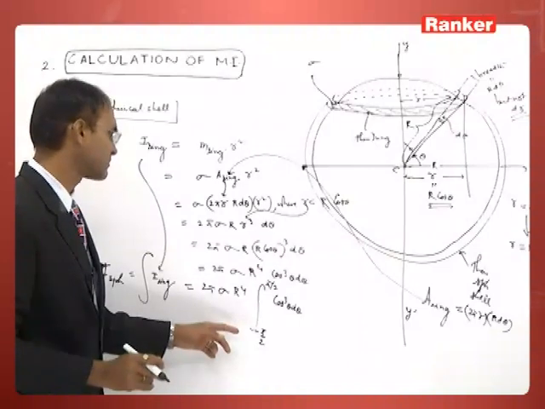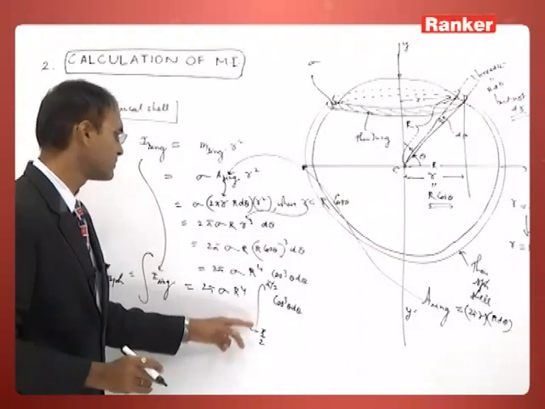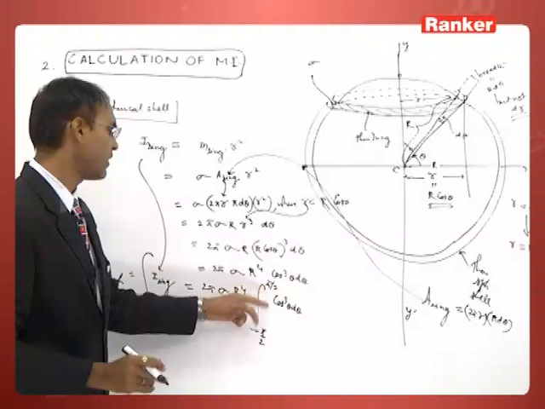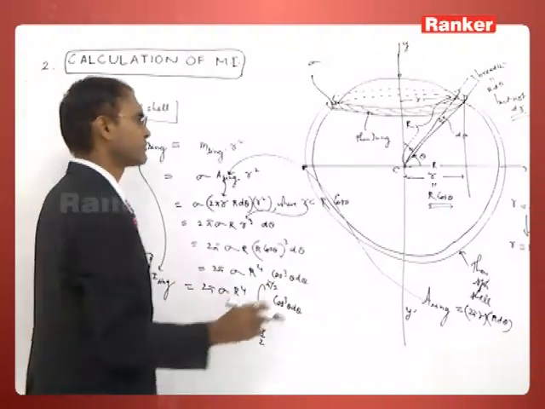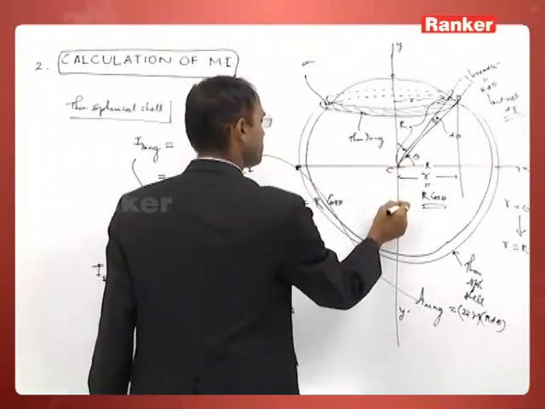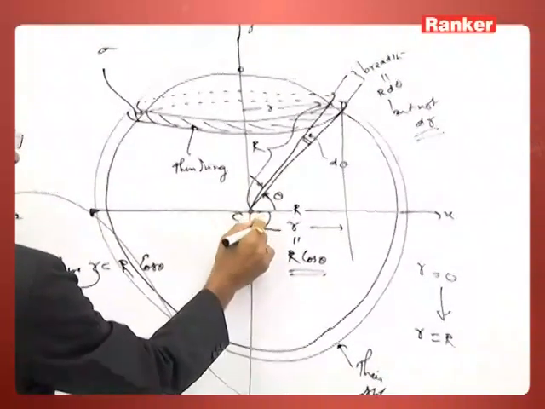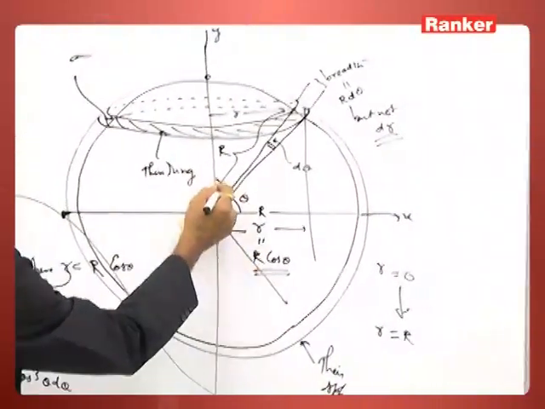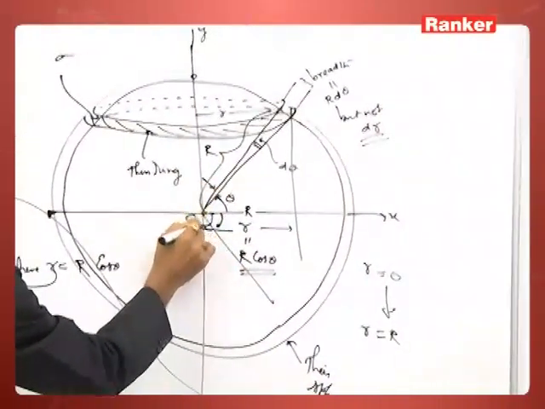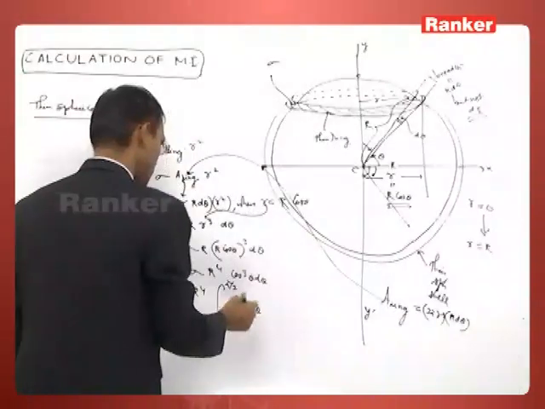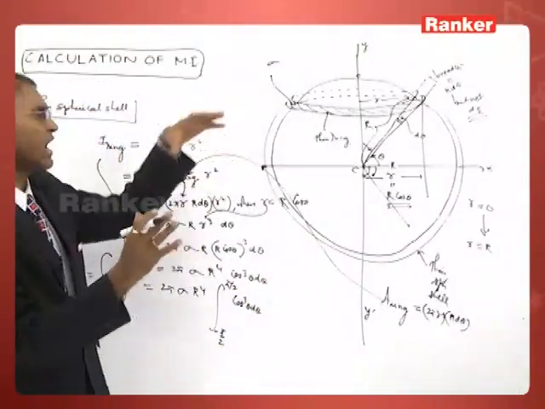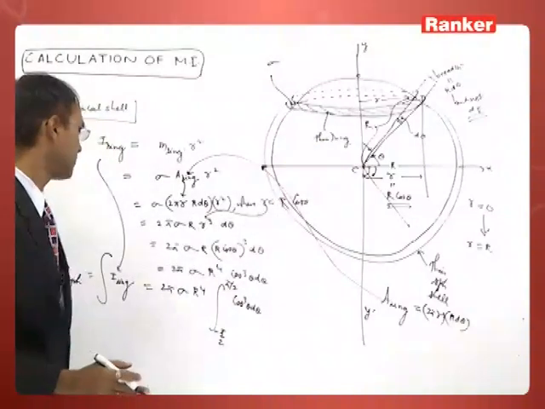If you take the lower limit minus pi by 2 and the upper limit of theta as plus pi by 2, because theta below is minus, above is plus, it's minus pi by 2 to plus pi by 2. Then it will cover both the halves, lower half and the upper half.